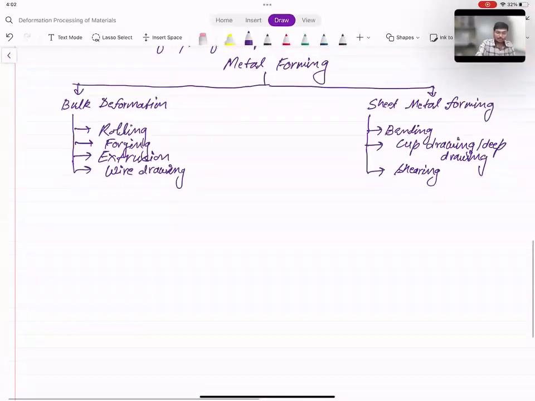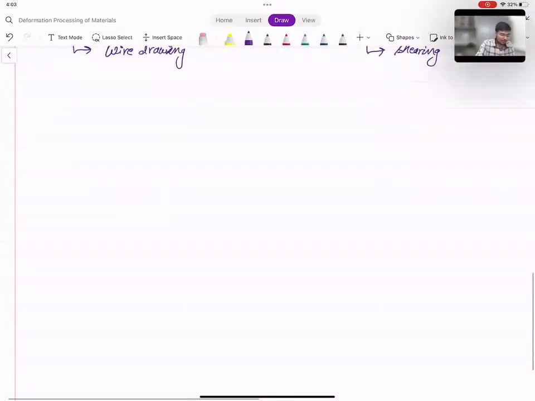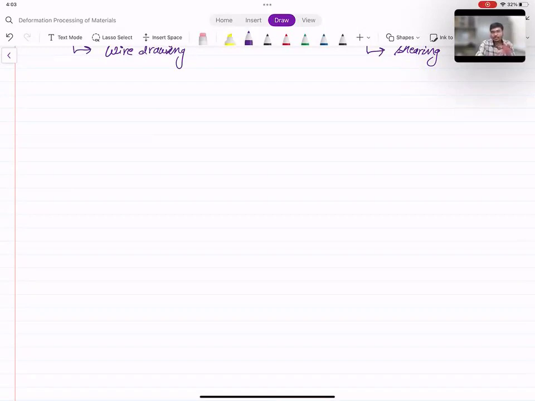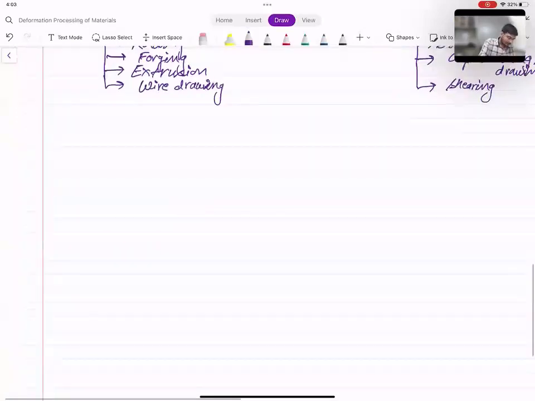Now, let me draw a schematic of various regimes or regions of the workpiece or the entire setup at the particular location where this deformation process occurs. So let me draw that schematic.